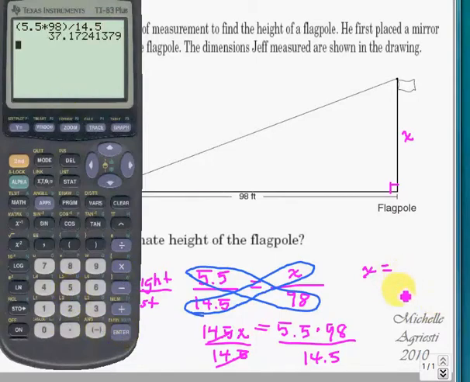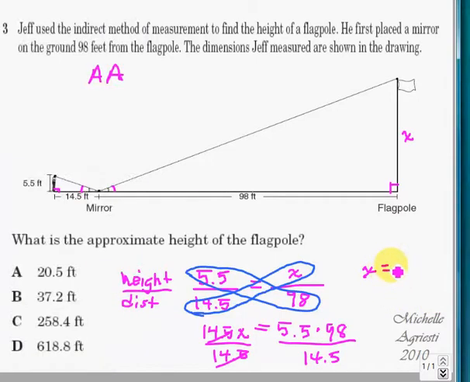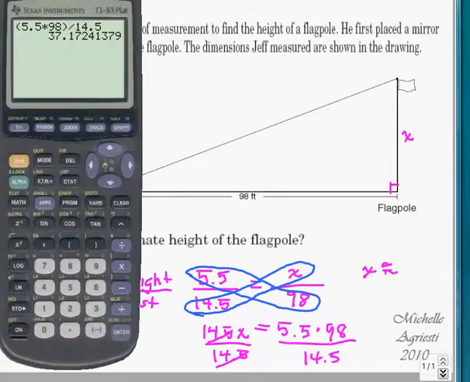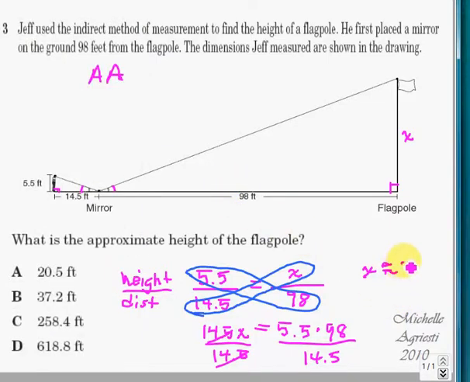And we're getting approximately 37.17. And if we look over at our answers, here's 37.2, very close. So it's not too bad.